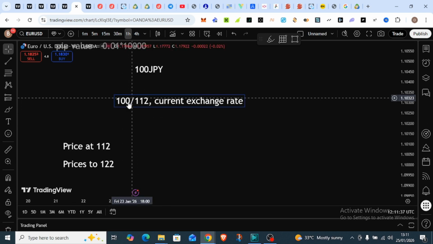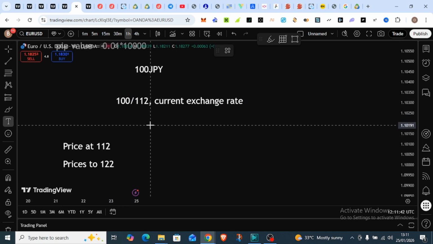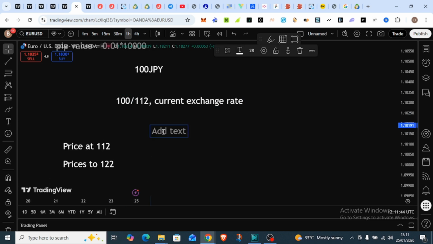To divide this, we are going to have 100 over 112, which is the initial price at which we bought this. We have $0.89 per pip. So this is the pip value.